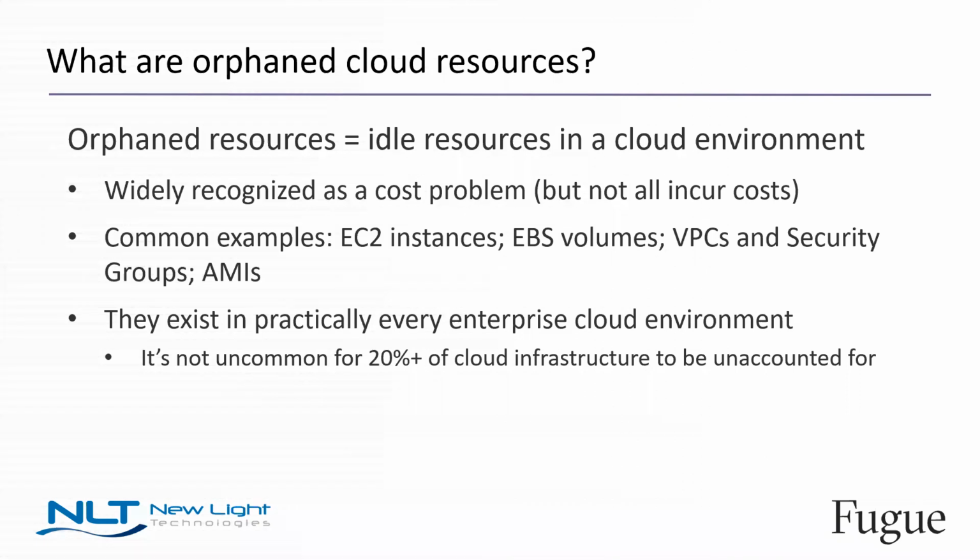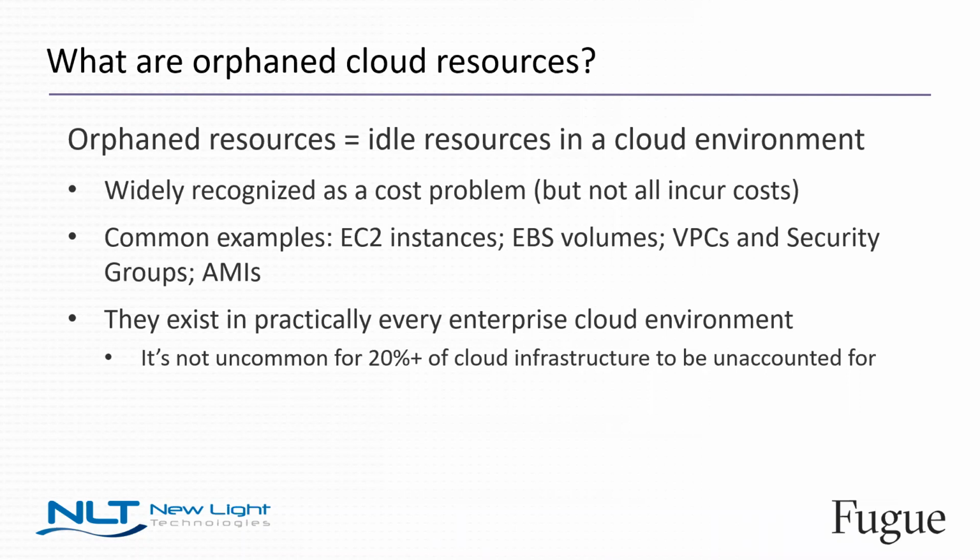Like last week I was in a meeting and we brought up the visualization and someone said, hey, that VPC network, what is that? And they realized it was something an intern had built a year ago and never shut down. And it also had S3 volumes attached to it. These orphaned resources exist in practically every enterprise cloud environment.